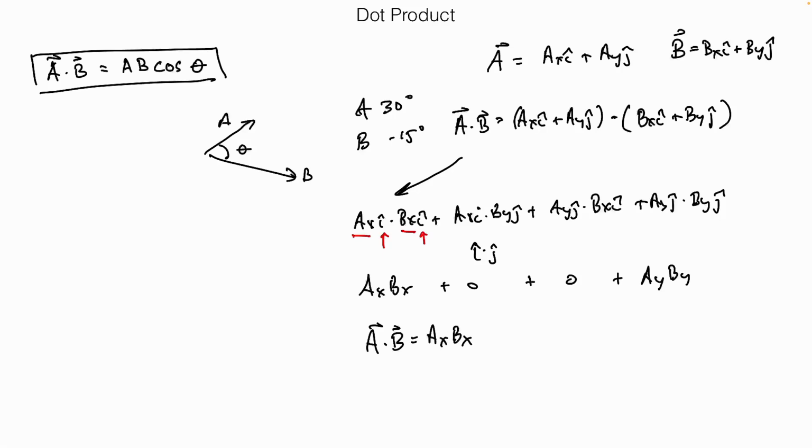In other words, like AX and BX, multiply them together, and then do the same thing for the y's. I keep writing B first. AY BY. And then if there were z's, okay, I won't write that one down, right? And that's another way of getting exactly the same answer.